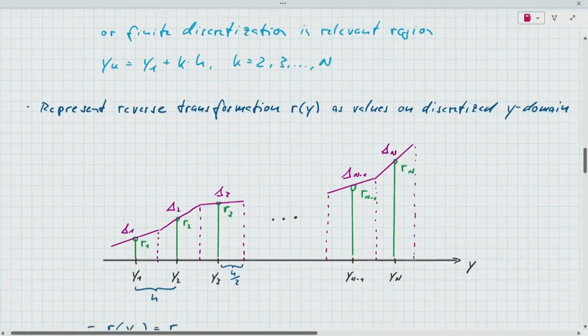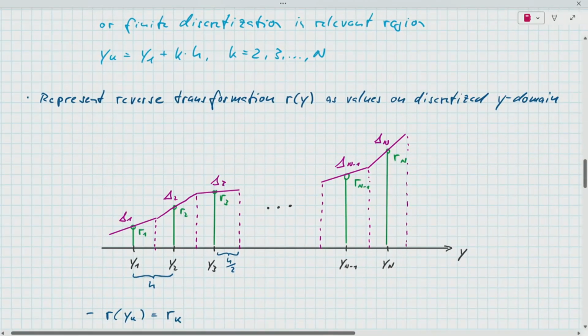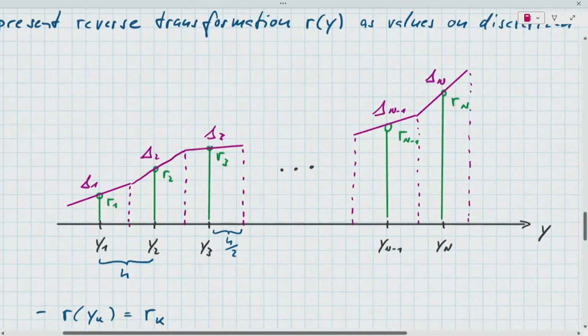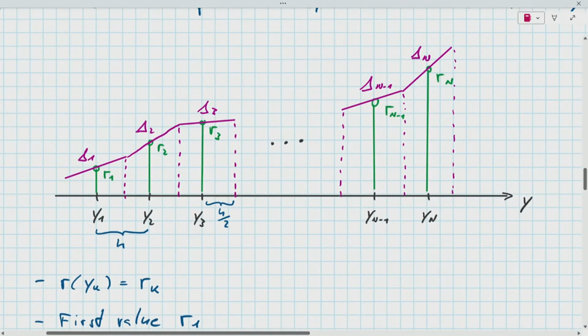Okay. Then we represent the reverse transformation R of y as values on the discretized y domain. That is shown here. We have y_1, y_2, y_3, and so forth until y_n of the y domain.